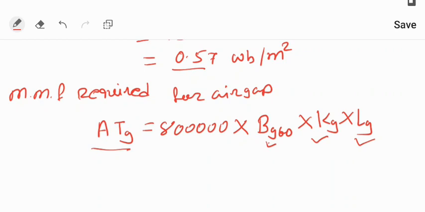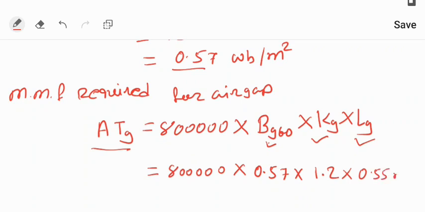So here we just put those data in for the calculation: BG60 is 0.57, kg is 1.2, and Lg is 0.55 mm.